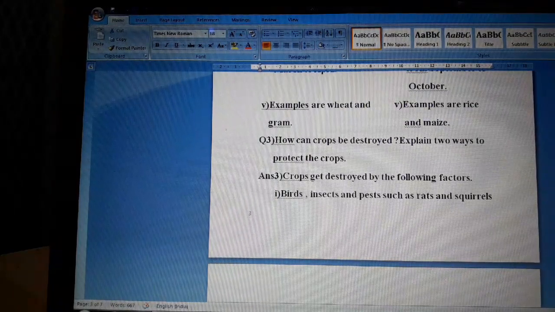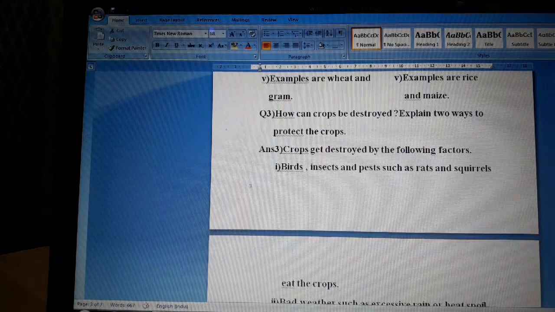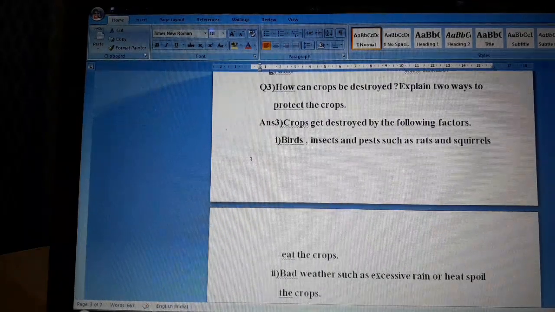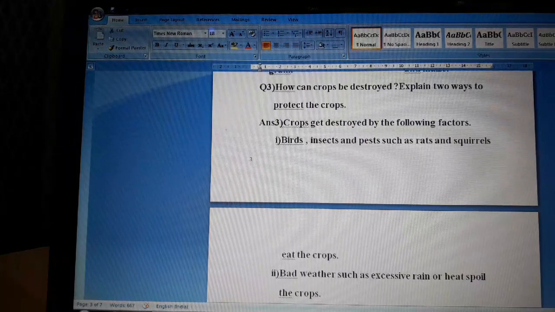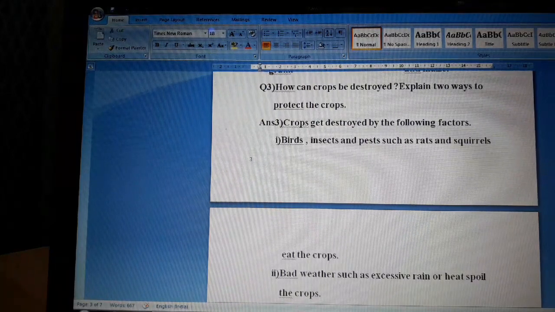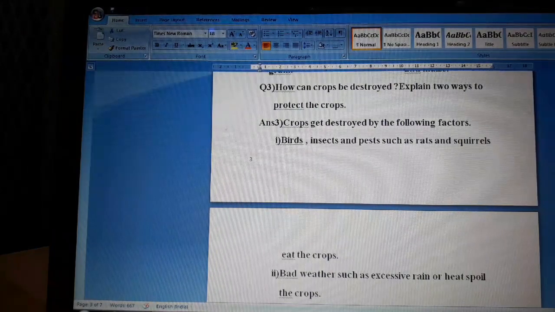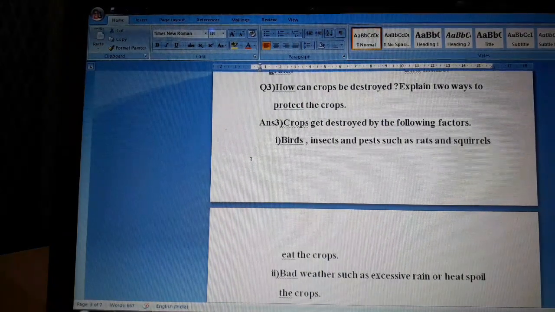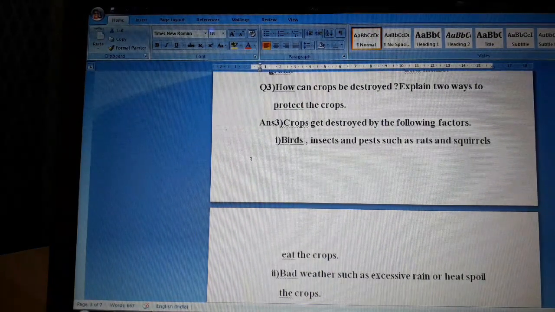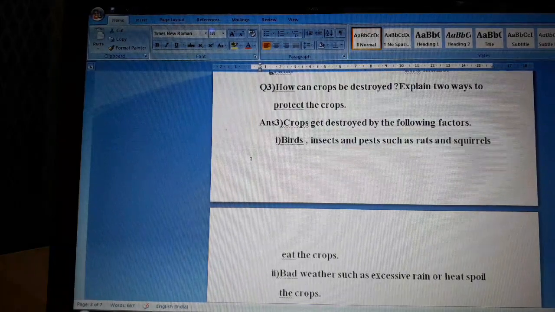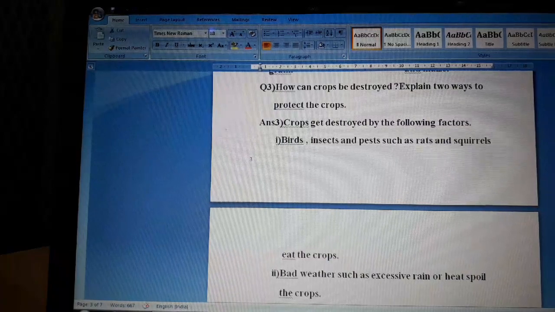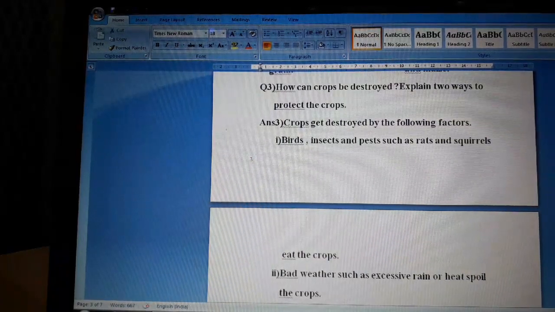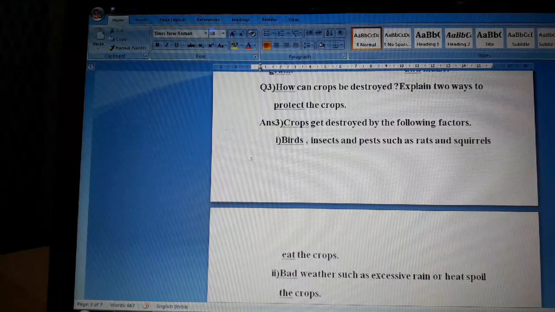Birds, insects and pests such as rats and squirrels eat the crops. And bad weather such as excessive rain or heat spoils the crops. So these are the two methods by which crops can be destroyed: when birds, insects, pests such as rats and squirrels eat the crops, and when there is too much rain or too much heat, those also spoil the crops. So these are the two methods.